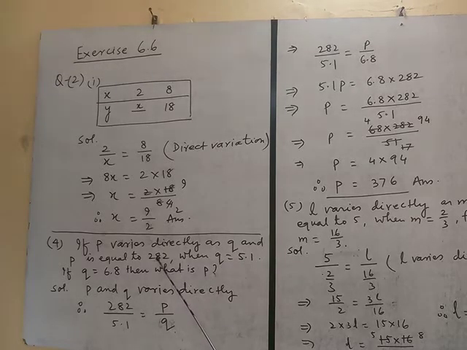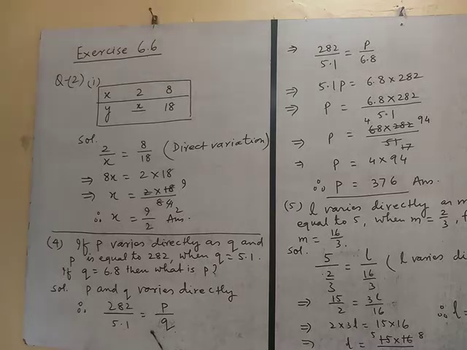So P by Q, I wrote here P by Q. The value of Q is given here, 6.8. It is correct.